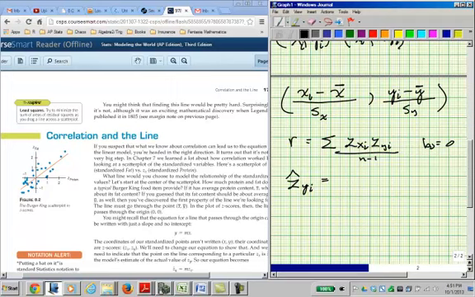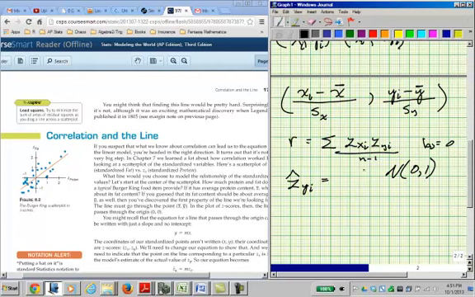Why? Because the center of the graph is going to be the mean, which is going to be 0. Remember, when you standardize the data, you now have a normal distribution with a mean of 0.